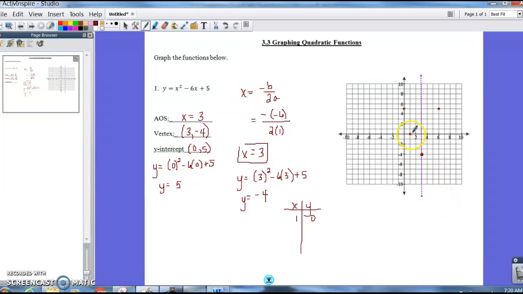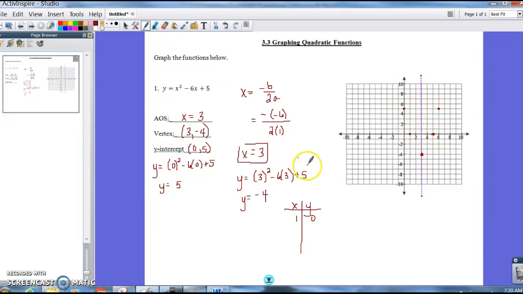Okay, and because I'm 2 units away from the axis of symmetry with that point, then I'm going to go 2 units away on the other side as well. So by finding the vertex and the y-intercept, that gives me 2 points actually, and then picking one more point gives me another 2 points.